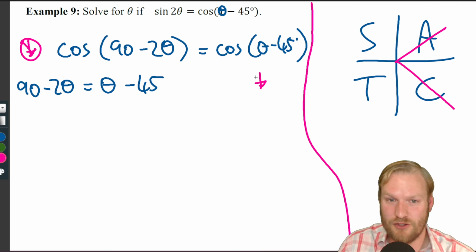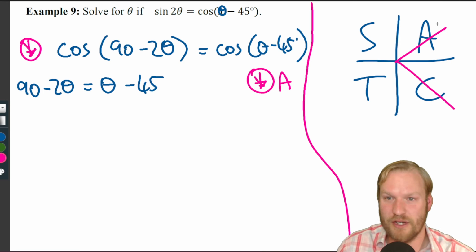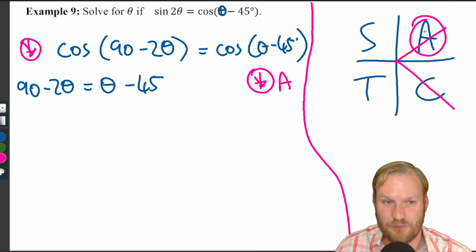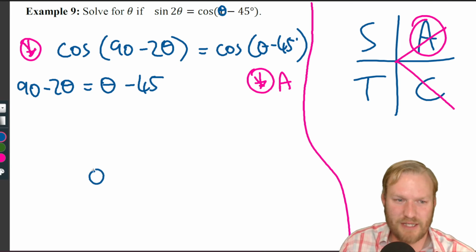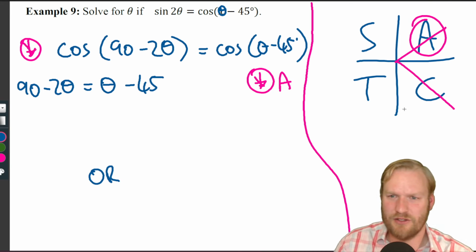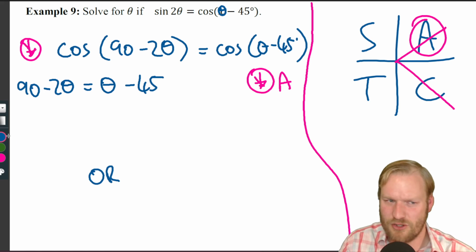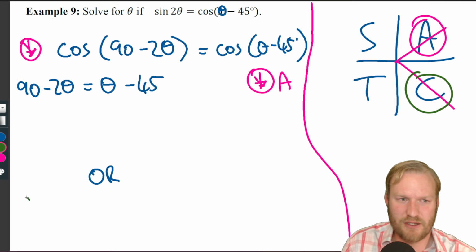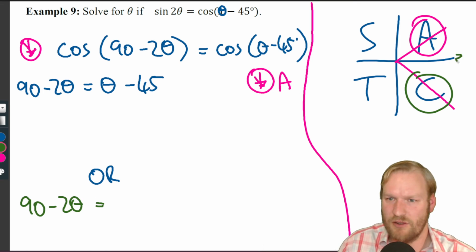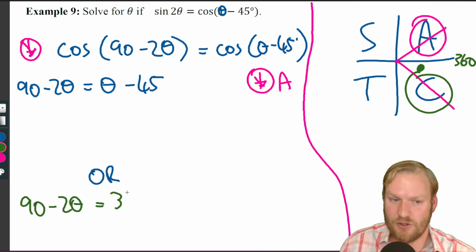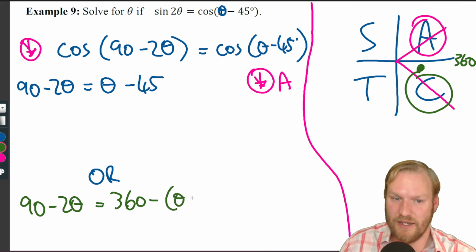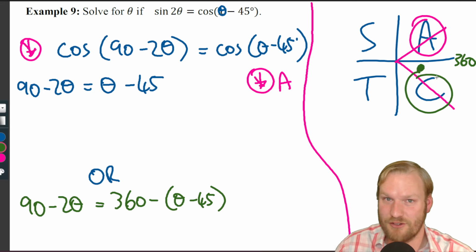So this first solution is almost like the one that relates to the first quadrant. But there must be a second solution, and how do we find it in this fourth quadrant? We would say 90 minus 2 theta is the same as 360 minus whatever theta is. And that would give us our second solution.